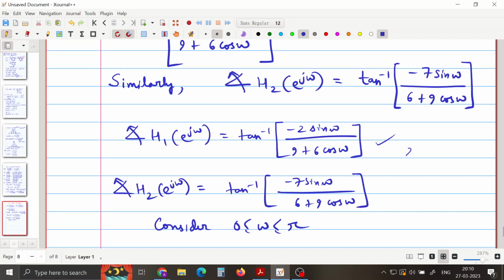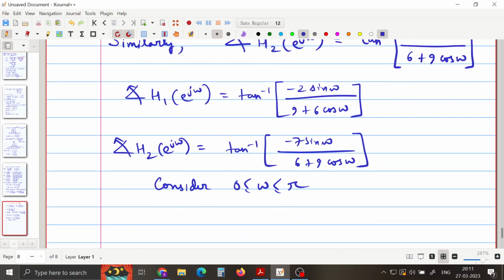Are you getting 2 plus cos in the denominator? No. Oh okay, sir, I made a mistake. Okay, 9 plus. You are calculating it parallelly. Good. Anyways, this is just calculation based, so you can verify it in your free time later. But I hope you should get something like this.